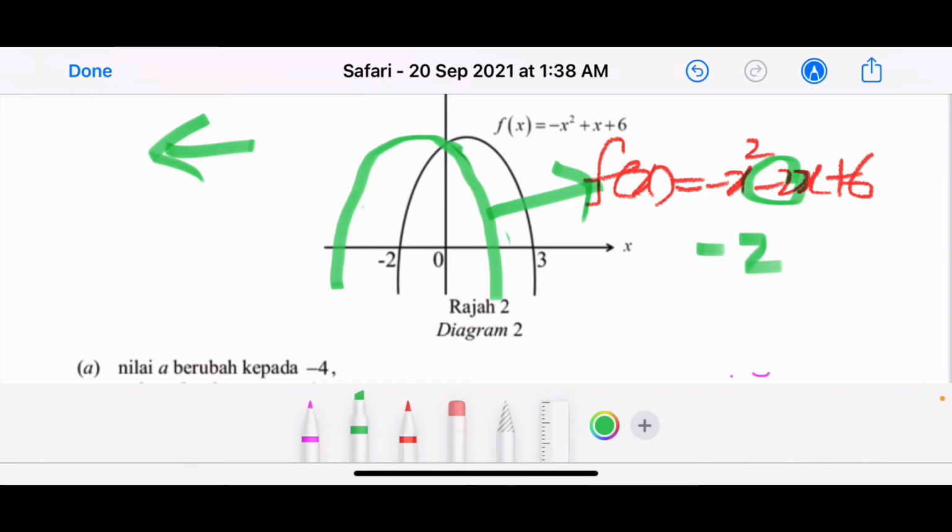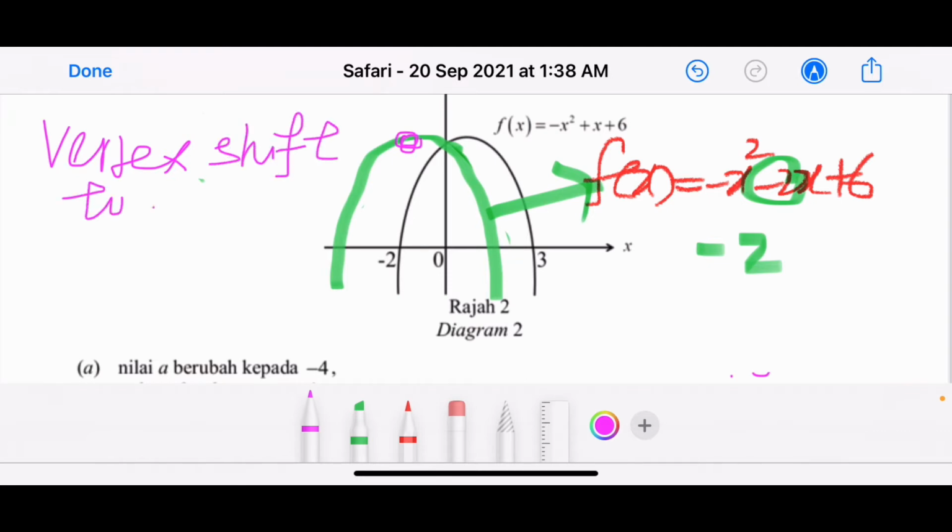So the vertex, which means the maximum point here, shifts to the left of the y-axis, right?